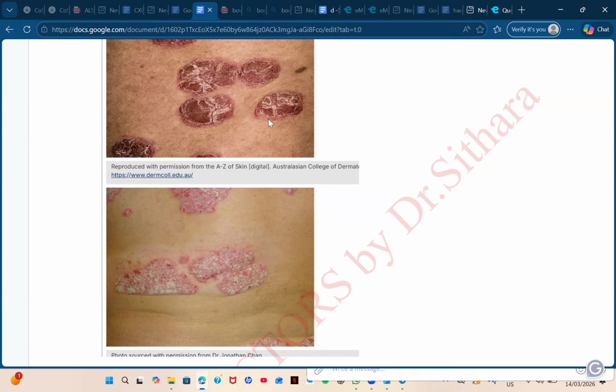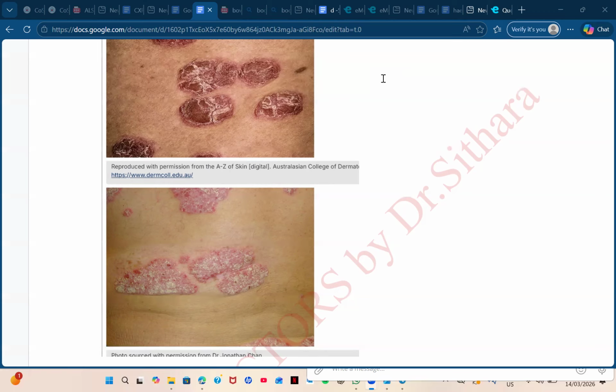Okay, silver scaly plaques, scaly patches, well demarcated. Psoriasis is a chronic inflammatory and hyperproliferative condition of the skin, characterized by erythema and scales. It ranges from a few plaques to widespread inflammation with pustules and systemic symptoms.